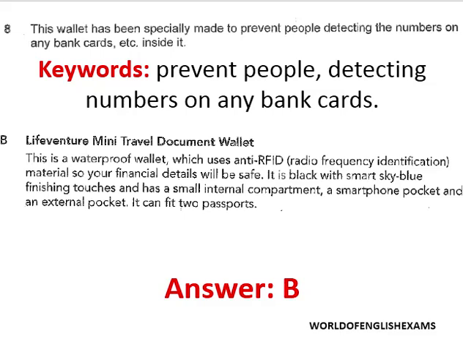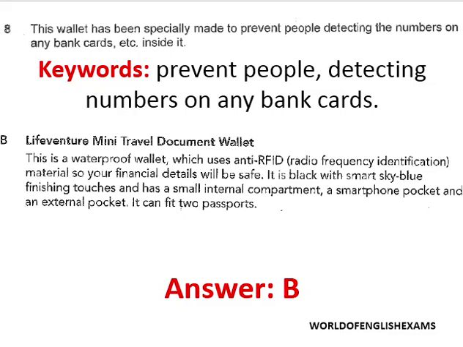So now let's read this paragraph B. Already we have found another answer in the same paragraph. When you look at the first statement, it says this is a waterproof wallet. Remember, we have written the same answer for another statement as well. Again, the instruction called NB is satisfied. Let's continue reading.